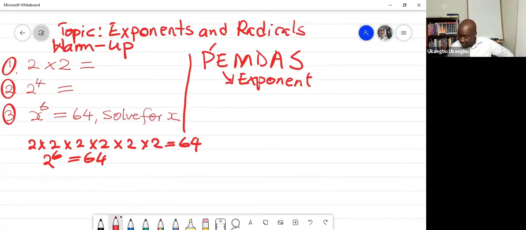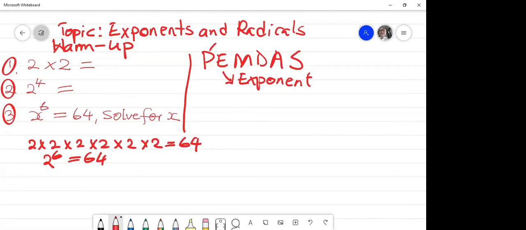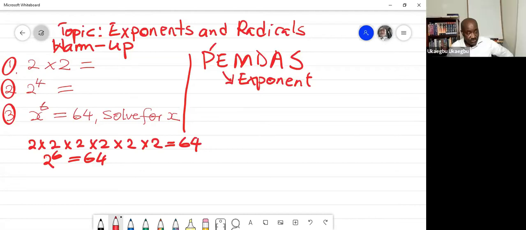So now let's go. 2 times 2, 4. 4 times 2, 8. 8 times 2, 16. 16 times 2, 32. 32 times 2, 64. So 2 raised to power 6 gives us 64. On the other hand, instead of writing the exponent, the opposite of exponent.